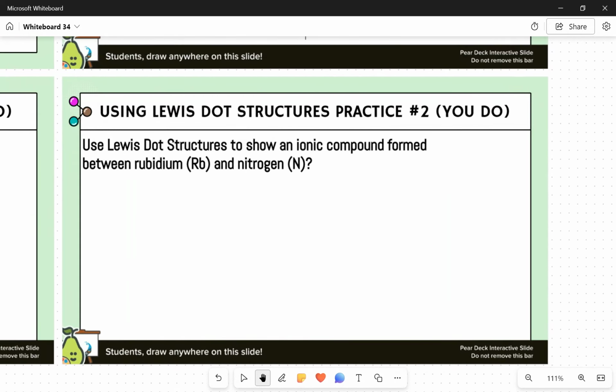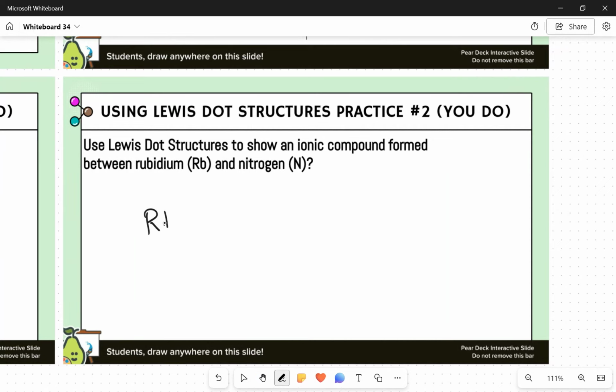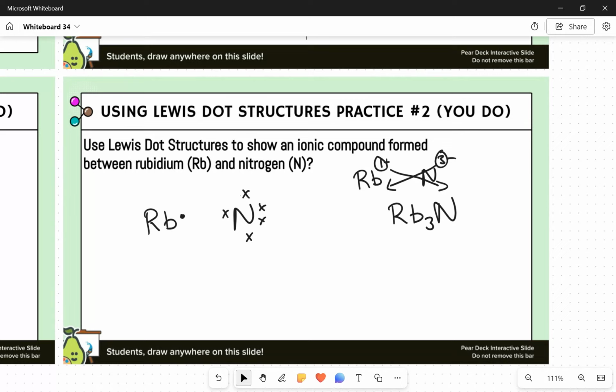Okay, rubidium and nitrogen. Rubidium has 1, nitrogen has 1, 2, 3, 4, 5. So this is Rb 1+, nitrogen 3−, crisscross, Rb3N is going to be my correct formula. So I need 3 rubidiums here. So I'm going to add 2 more. Put the electrons in the correct spots.